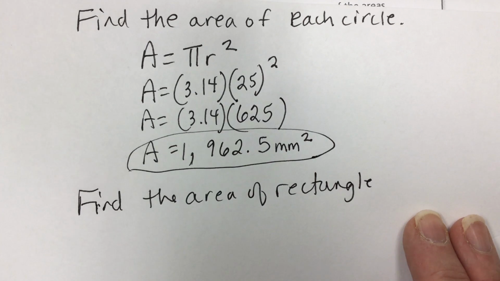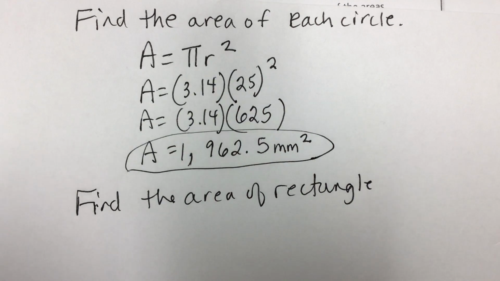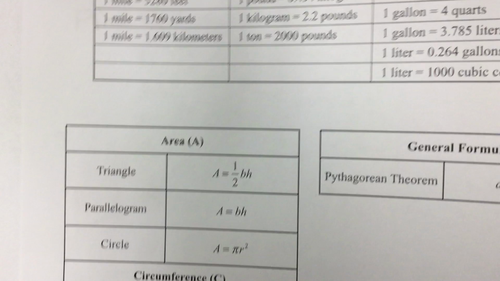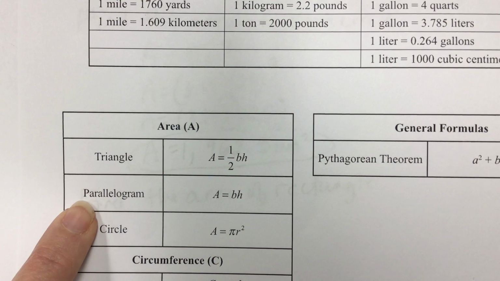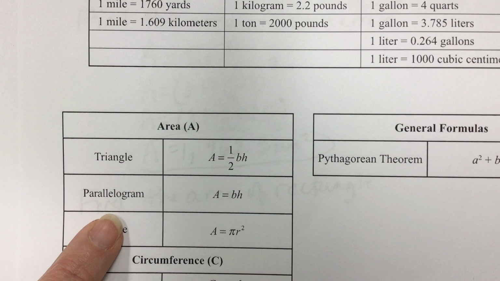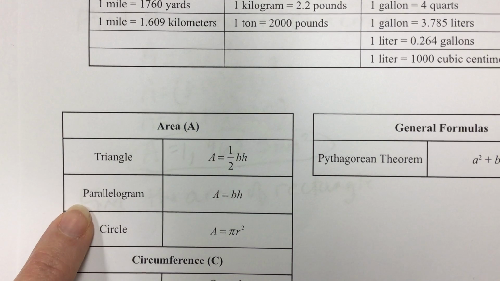We'll use your formula sheet to find the area of a rectangle. It's a parallelogram. A square, a rhombus, a rectangle, any of these, to find the area, you will use area is equal to base times height. Any four-sided figure that's closed and is a polygon is a parallelogram.